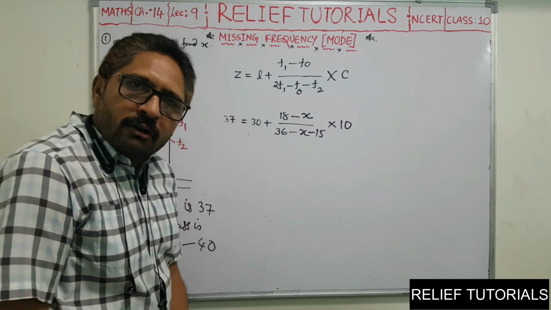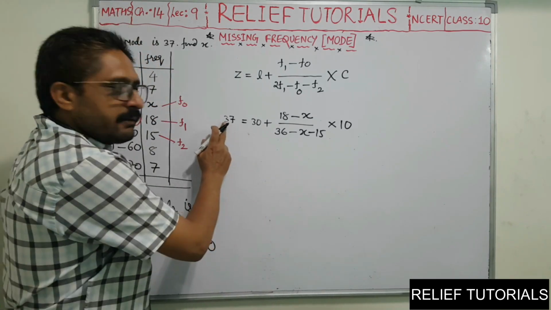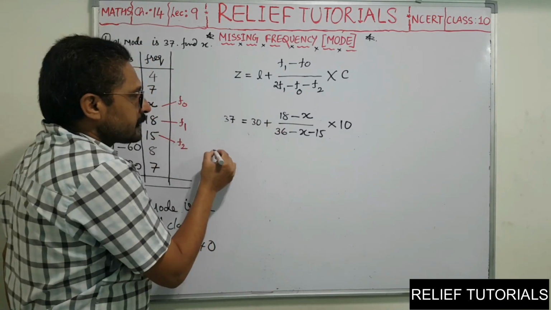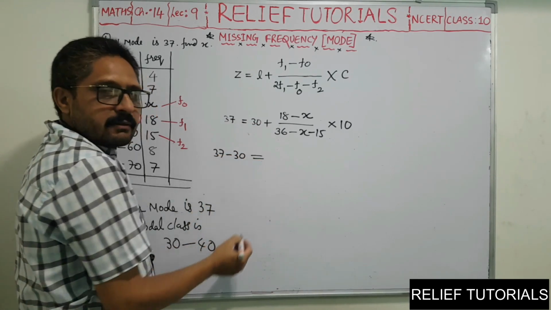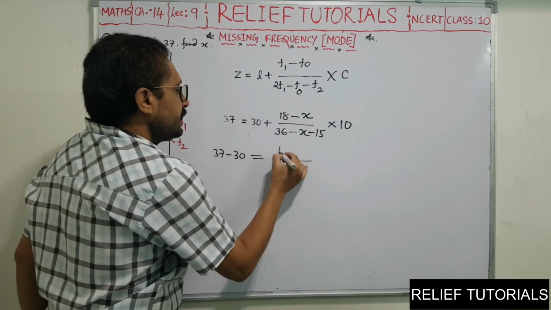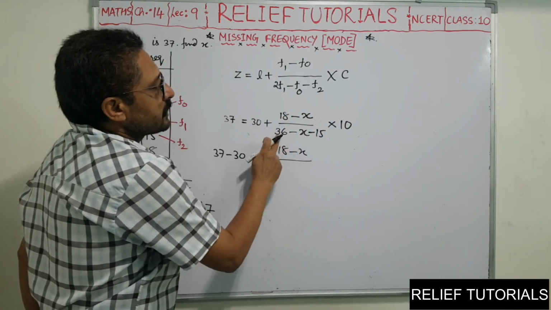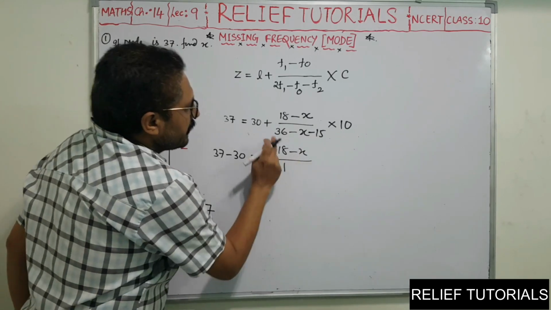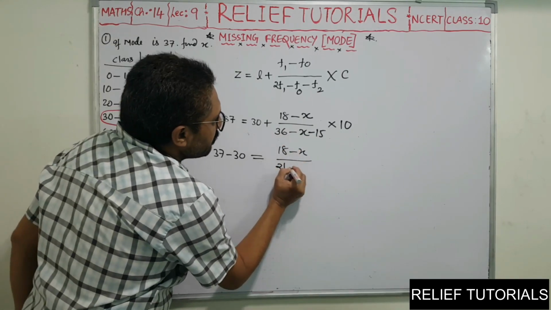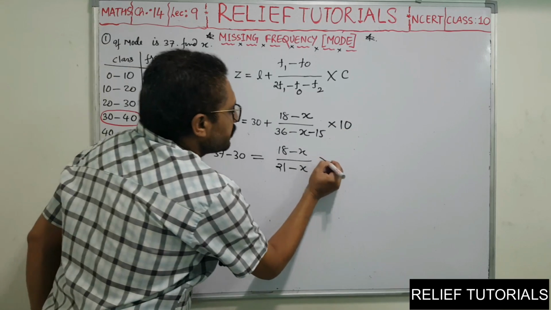Now you know how to solve this problem. 37, 30 comes here. So 37 minus 30 is equal to, here you can't do anything, 18 minus X. Now 36 minus 15 is 21, so 21 minus X, into 10.